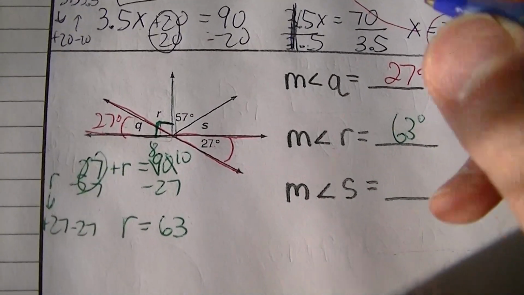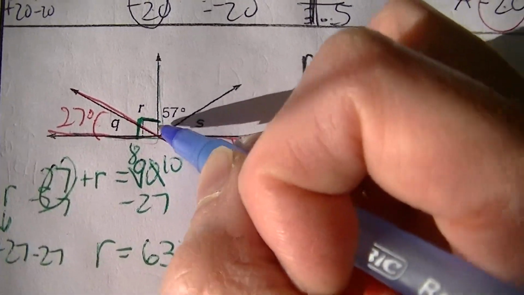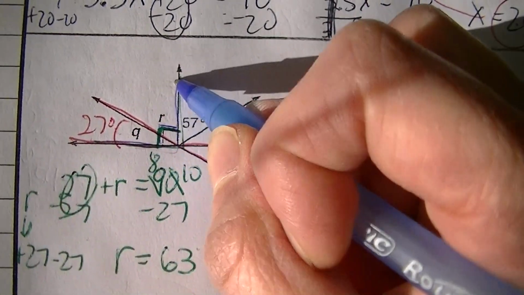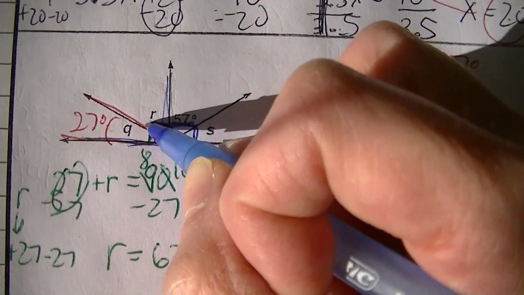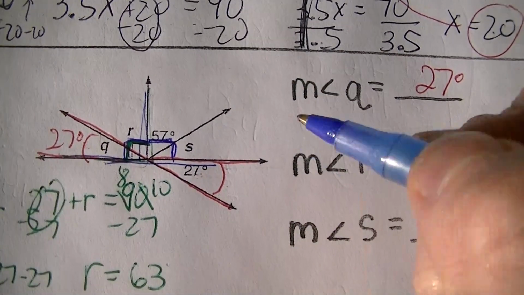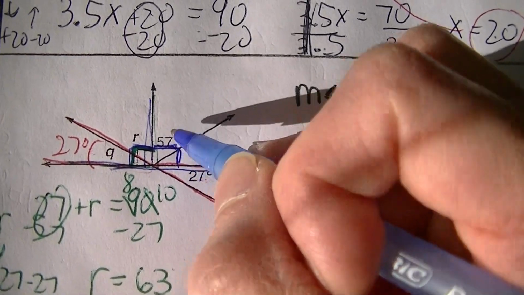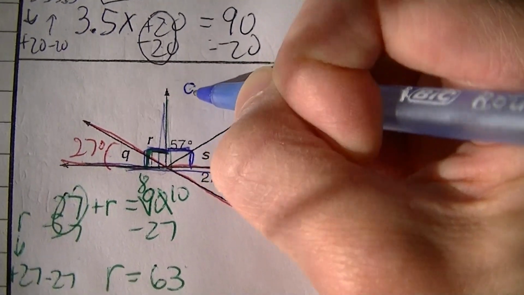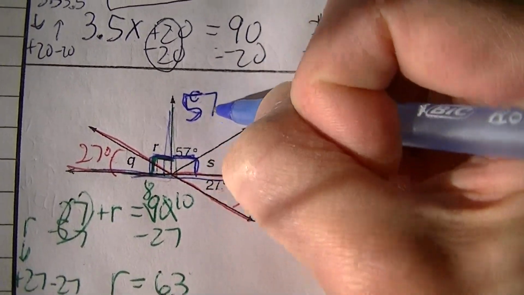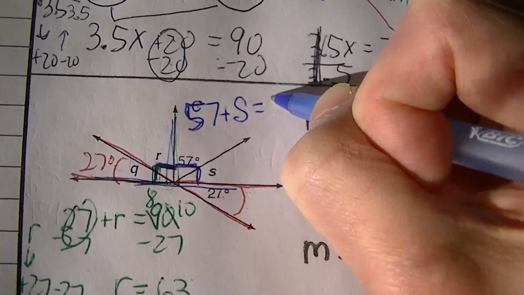And then from there, you should know that if this right here is 90 degrees, then this side right here has to be 90 degrees because this and this are supplementary. So if this is 57, I need to go 90 minus 57, or I can go 57 plus S equals 90.